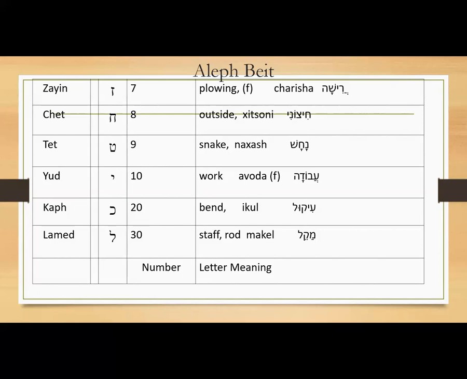Kaf. There we have the kaf. Actually, it hasn't got the dot in it, so this is the kaf, and its value is 20. And we're going to use the kaf in the word bend. I bend something, or I bend down and bow to you. And the word is ikul. There is the chirik, there's the yud, the ayin, that's got no sound.